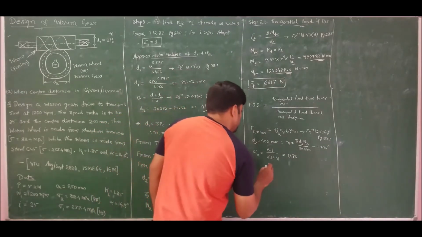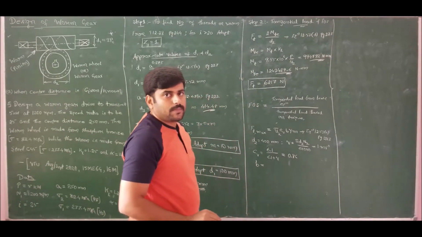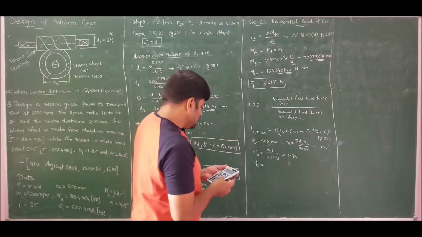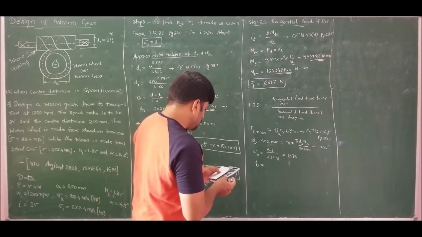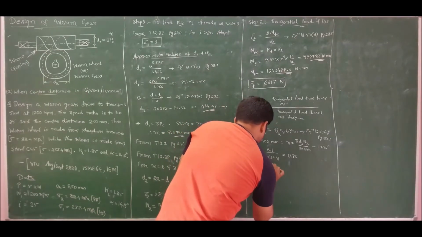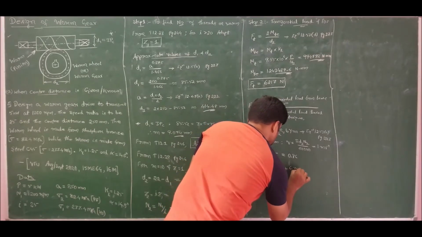Now coming for B. Once you know the module, you cannot assume the value of face width as 10 mm. Kindly make a note. B is given by table 12.27. The formula for B is 7.48 m plus 6.35.